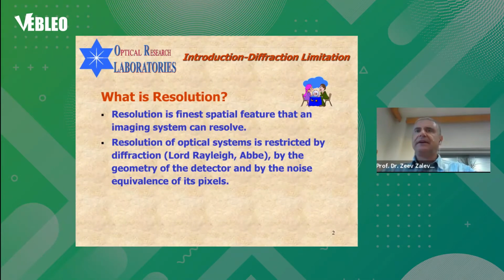Now, there are three factors that limit resolution in optical imaging systems. The first factor is diffraction, as it was defined by Rayleigh and Abbe. The second factor is related to the geometry of the detectors that capture the images. And the third factor is the noise level, the signal-to-noise ratio at every pixel of our detector.